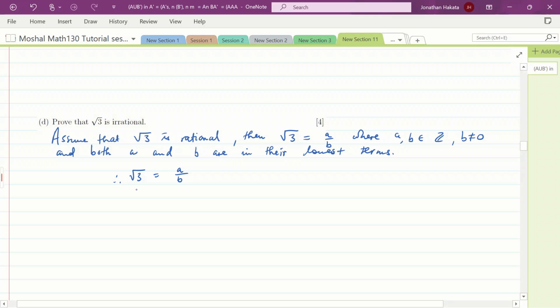We end up with 3 equal to a squared over b squared, and you can see that a squared is equal to 3b squared. What does this mean?